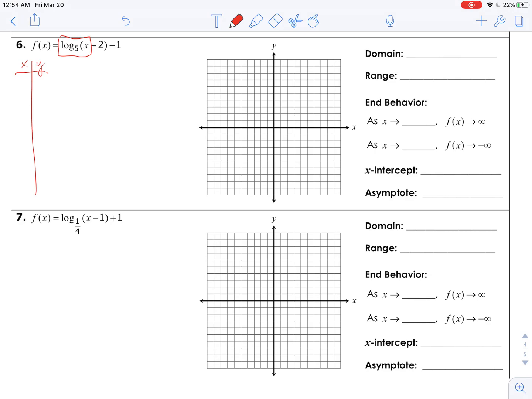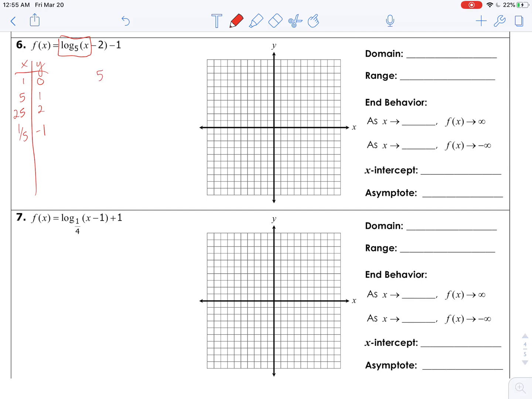Again, we're going to graph just our parent function, log base 5 of x. So start with 1. So 5 to what power gets me 1? That's 0. 5 to what power gets me 5? That's 1. If I did 25, if I had that space, that'd be 5 to the second power. And then, of course, we can always do 1/5 is -1.